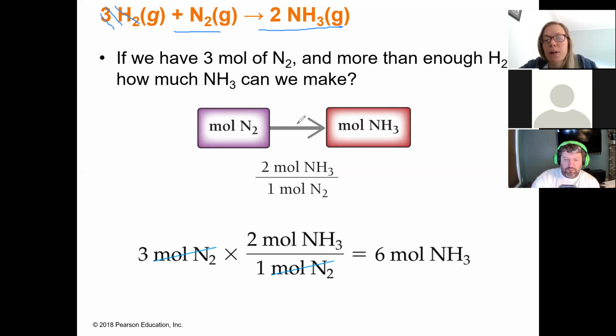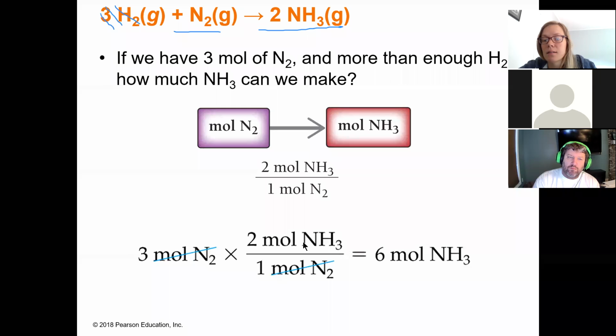So now looking at the relationship, we get 2 moles of the product for every 1 mole of this specific reactant, nitrogen, 2 to 1. So we start with our given information like we always do in dimensional analysis, which is 3 moles of the nitrogen gas. We set up our conversion in such a way that the mole of nitrogen will go on the bottom, and then the 2 moles of the product will go on the top.